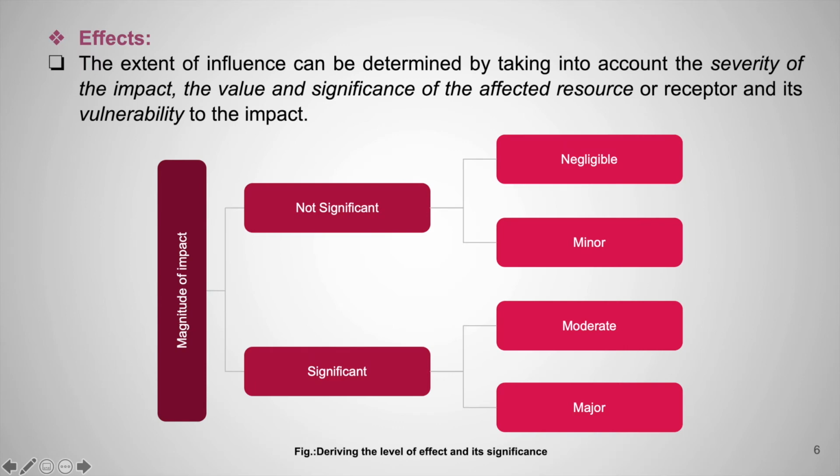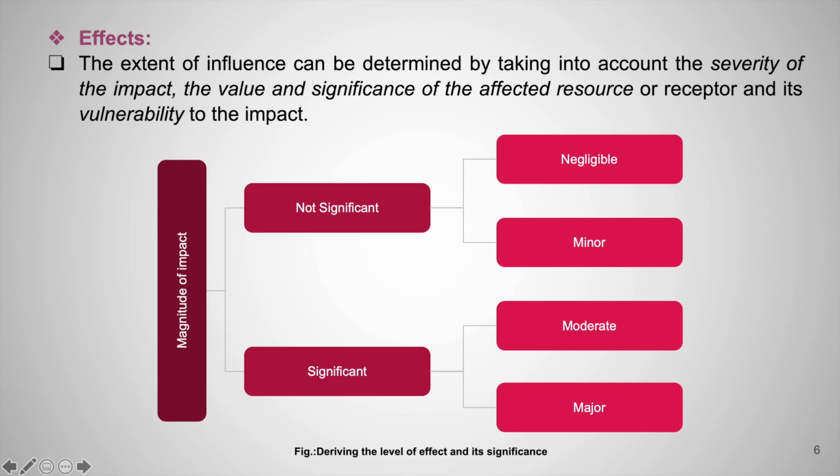Let's turn to the next point, effects. As set out in various commonly used methodologies, for example, the DMRB, Design Manual for Roads and Bridges, most of the technical topics will determine the relevance of the effects, as the level of effect will be determined by considering the magnitude of an impact together with the importance and value of an affected resource or receptor and its sensitivity to the impact.